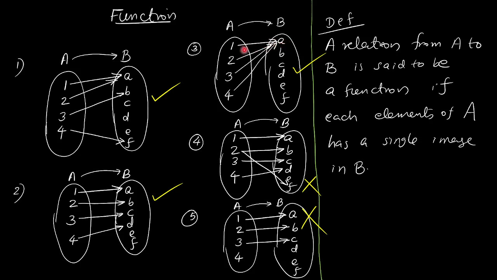You agree with me? 2 has how many images? 1. 3 has how many images? One image. 4 also has a single image. So the condition is satisfied. Each element has a single image, right?